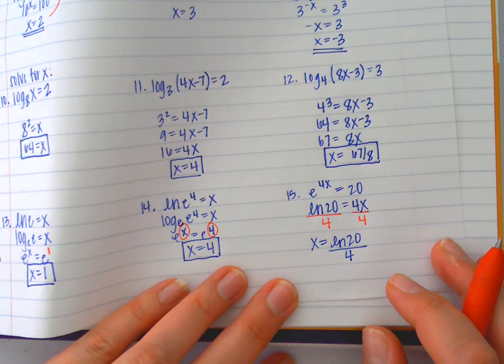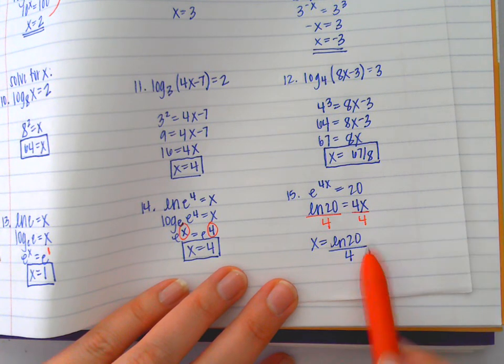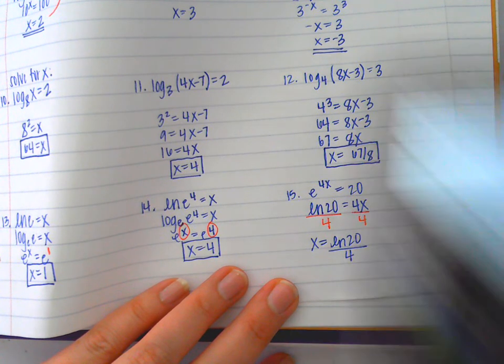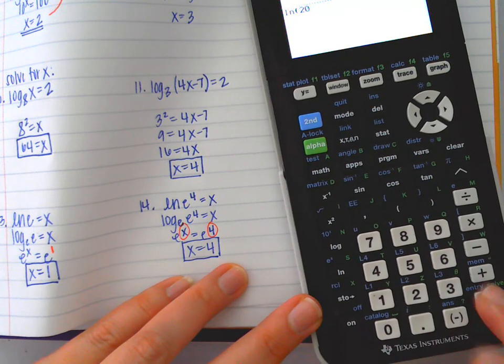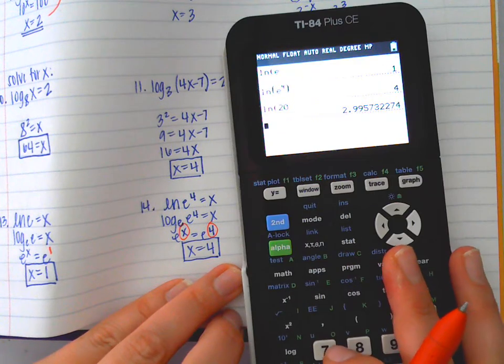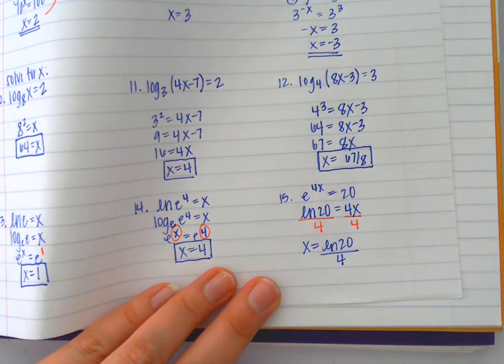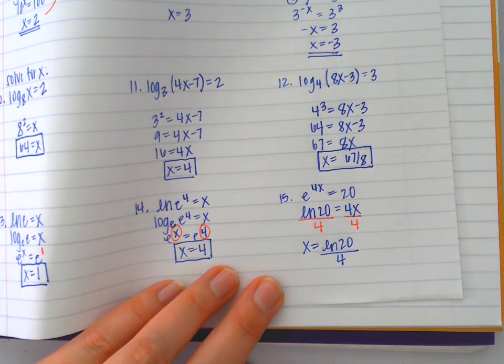This does not turn into ln of 5, because ln of 20 is not 20. ln of 20 is a number, right? It's 2.9957, and so on. So ln of 20 and 4, we cannot simplify.